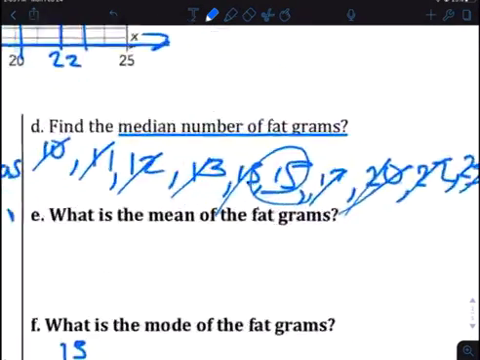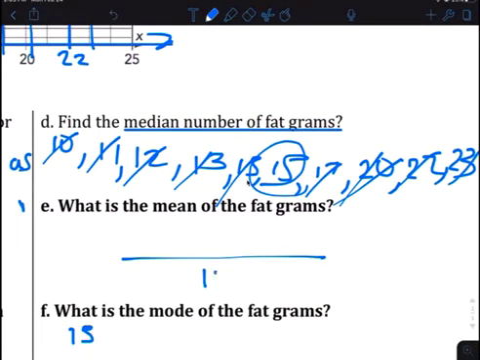What is the mean? So we add them all up, divided by the 11 types of food. You can always use your calculator. Add these all together: 10 plus 11 plus 12 plus 13 plus 15 plus 15 plus 17 plus 20 plus 22 plus 23.